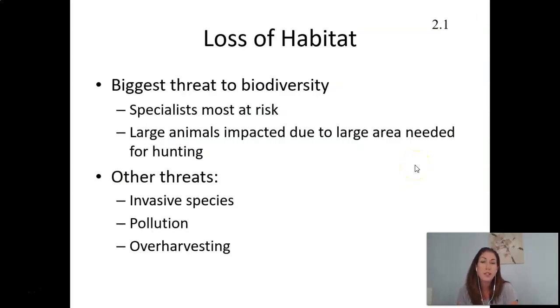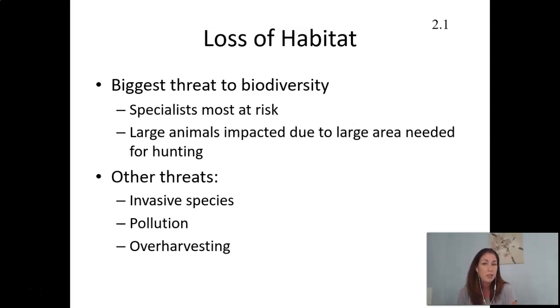Now, one of the key things that leads to changes in diversity is loss of habitat. This is our biggest threat to biodiversity. Now, when we have loss of habitat, the things that are most at risk of being extinct are our specialists. So remember, our specialists had a very low range of tolerance. They can only tolerate certain food sources or certain habitats, and so they cannot adapt to change.